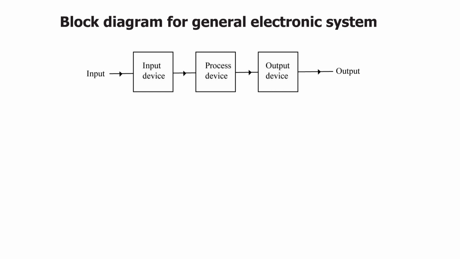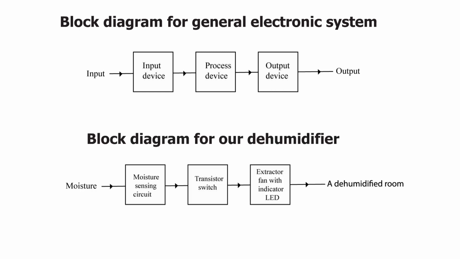That's a general electronic system. For our particular electronic system, for our dehumidifier, the input is the moisture from the room. That will be sensed by the moisture sensing circuit, which will send a signal to the transistor switch, which in turn will send a signal to the extractor fan with the indicator LED, and we will have as an output a dehumidified room.